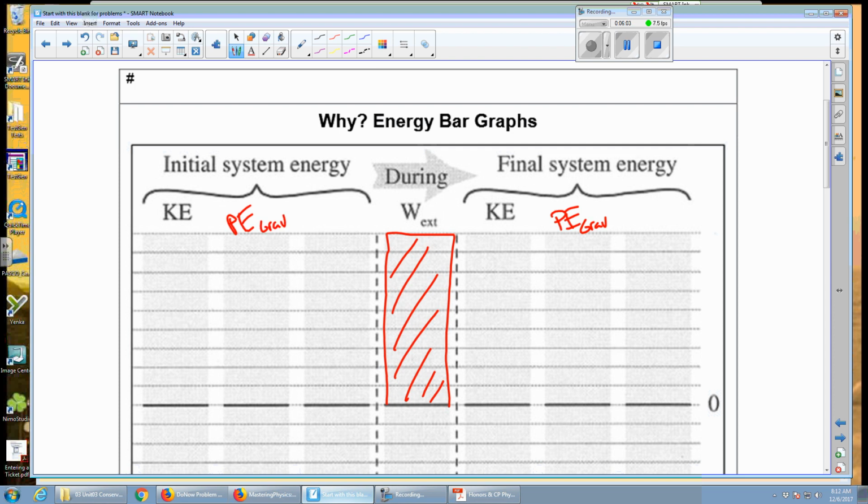And let's say, I don't know, 5 kinetic energies and 4 potential energies. That would be it.